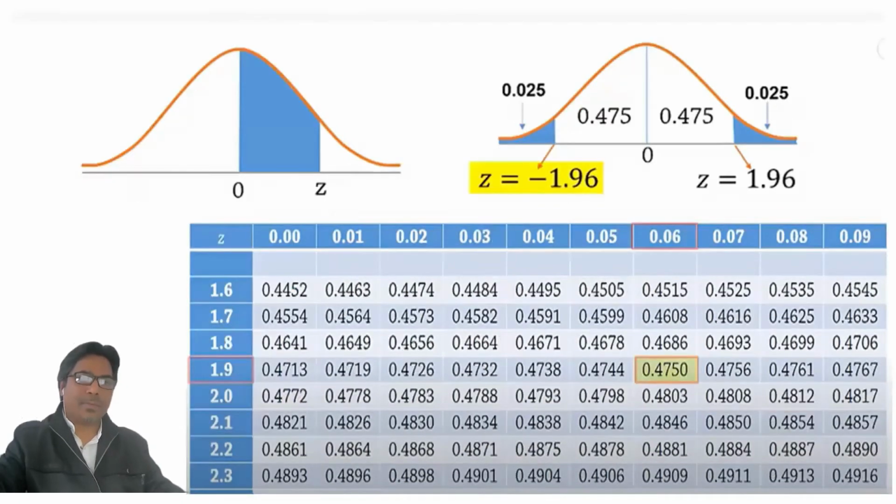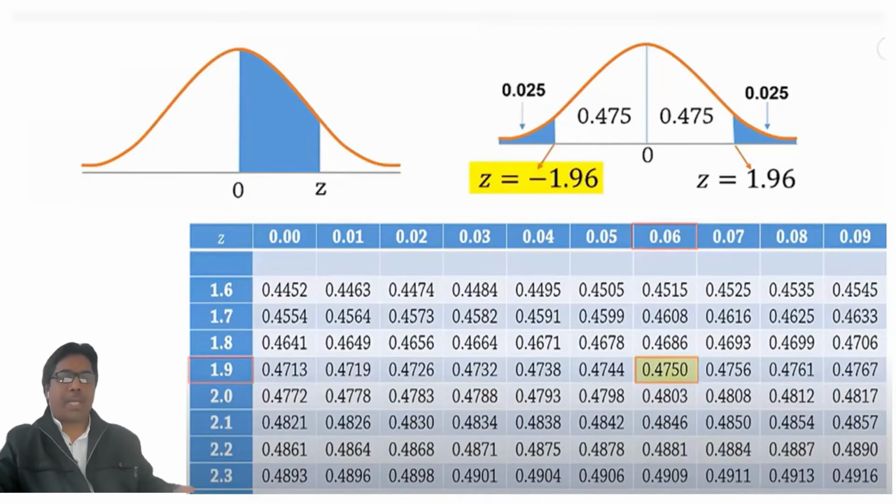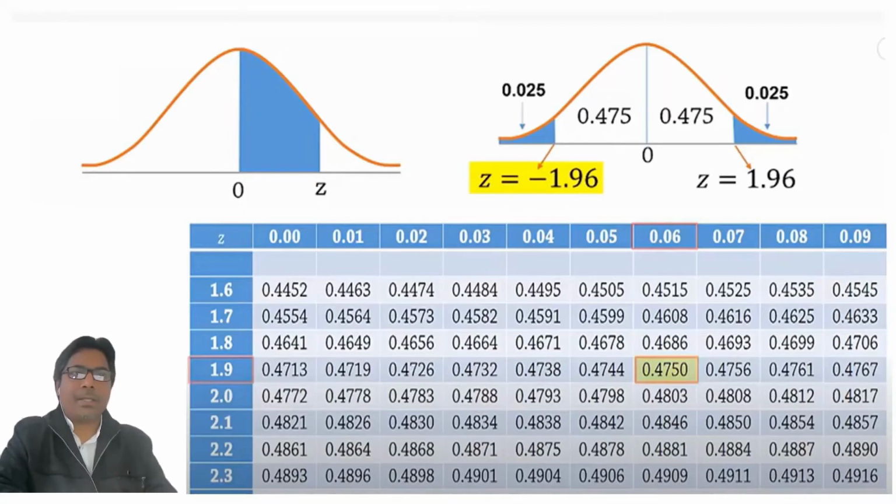Moving ahead with how we get this Z distribution table and how we get the value of 1.96. If you see the chart on the right hand side, we can see that the critical region is 0.025. If you draw a line in the center, it divides the distribution into two halves, right? The center is nothing but your median.